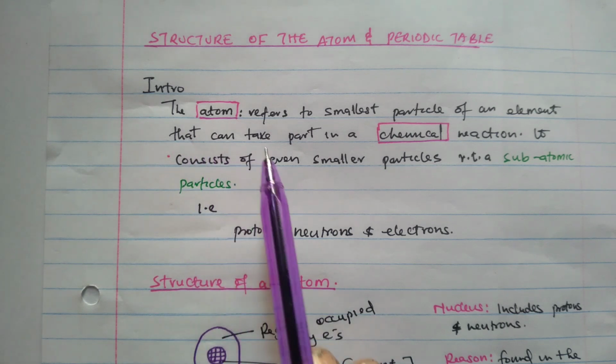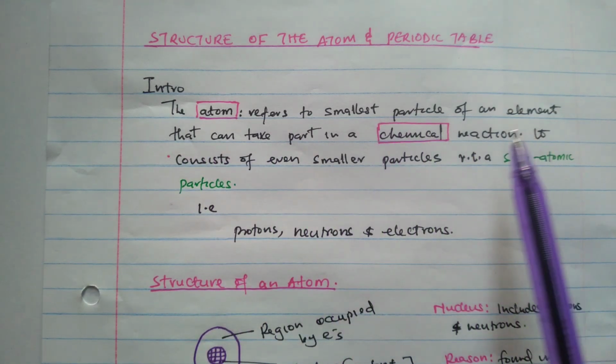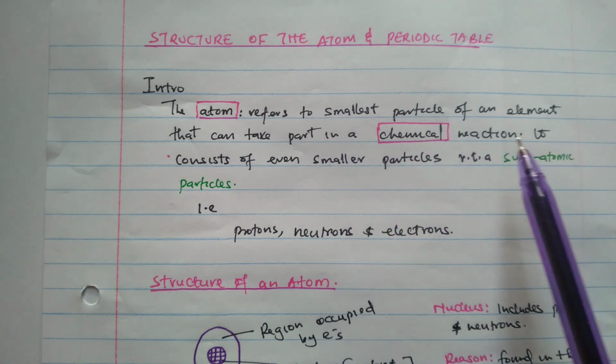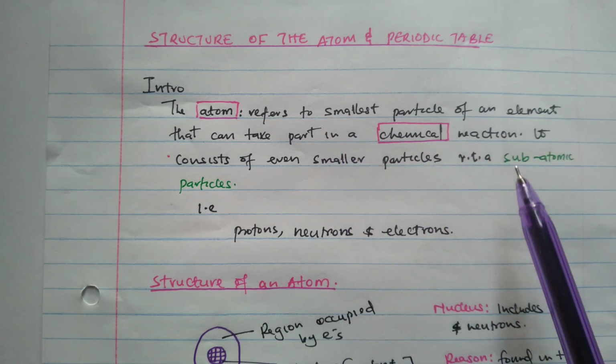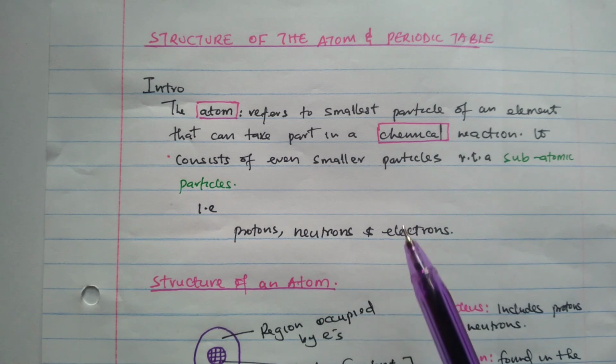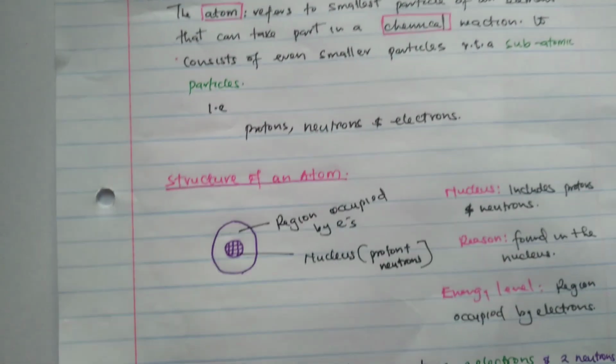The atom is referred to as the smallest particle of an element that can take part in a chemical reaction. So it consists of even smaller particles referred to as subatomic particles, i.e. we have protons, we have neutrons, and we have electrons.